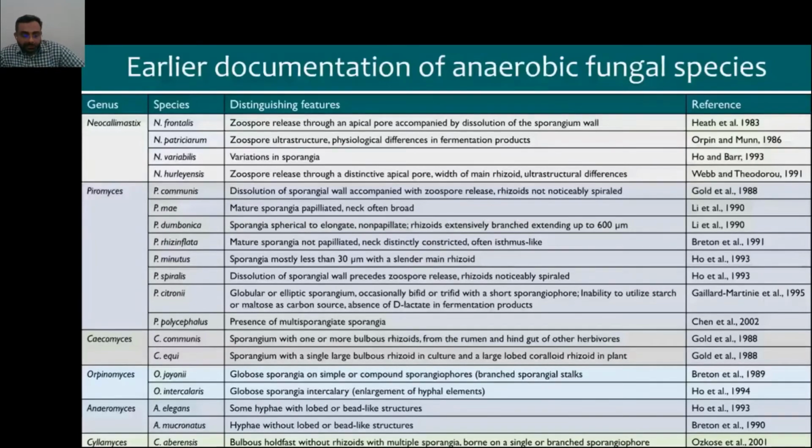Also, in a few cases, how the zoospores are liberated from those sporangia, if it's through an apical pore or through dissolution of that particular sporangium, and also based on several ultrastructure differences, and even in a few cases based on the physiological differences in fermentation product or their ability to utilize some sugars or presence of some metabolite in the fermentation.